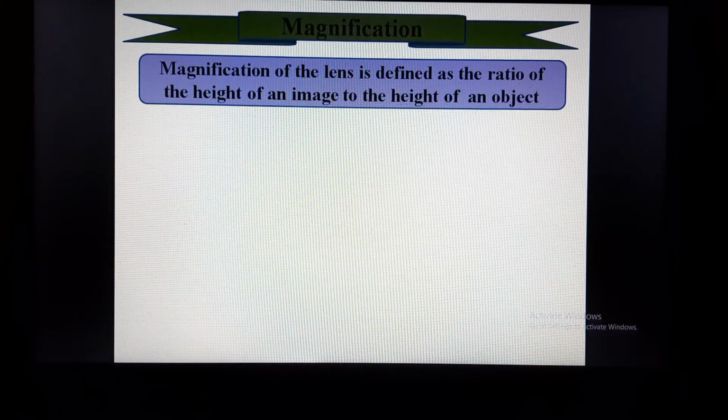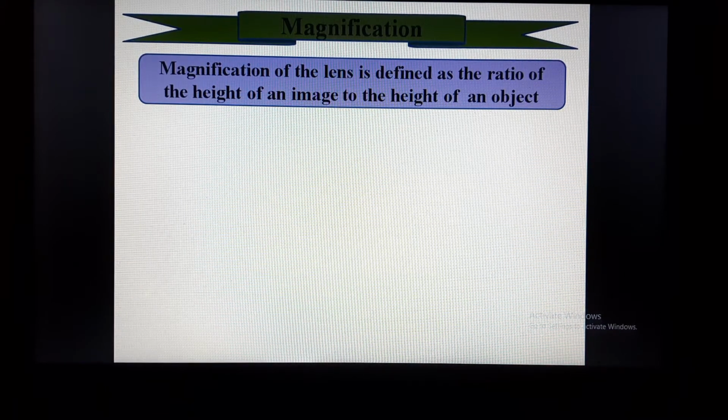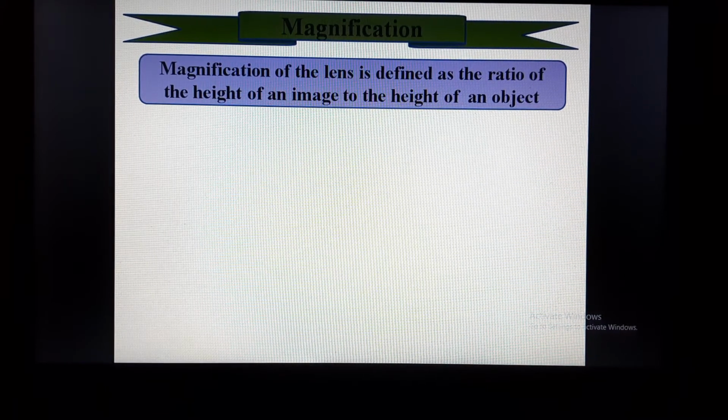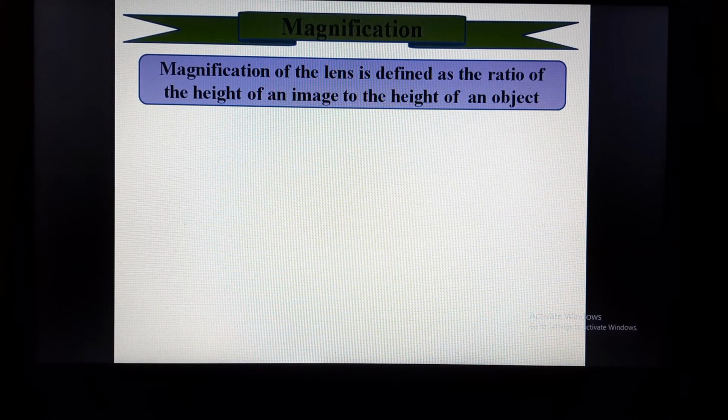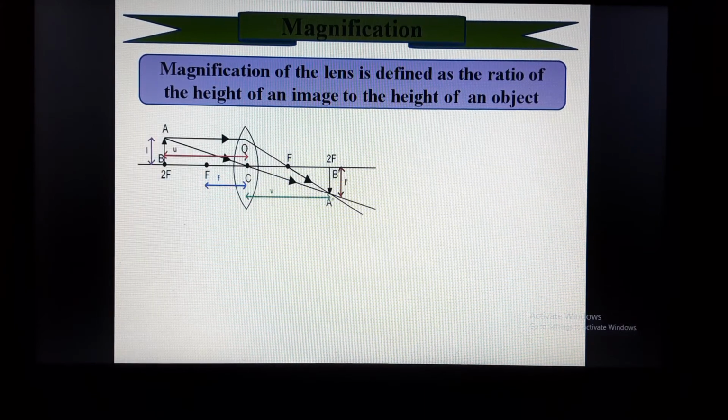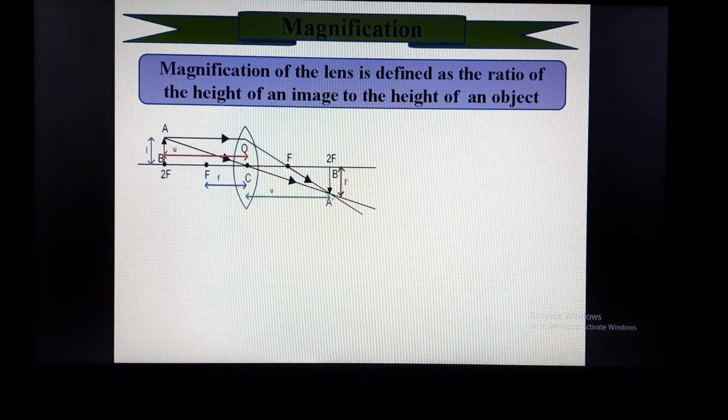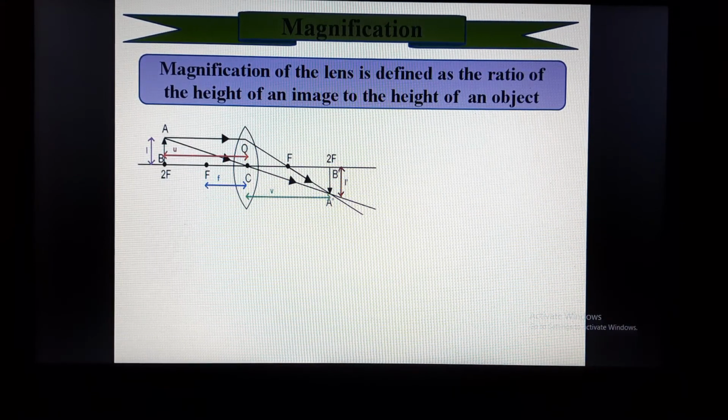Okay, so our next topic is magnification. So what is called magnification? Magnification of the lens is defined as the ratio of the height of an image to the height of an object. Okay, so here you see in the figure AB is the object and A prime B prime is our image.